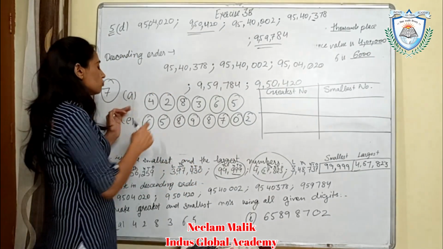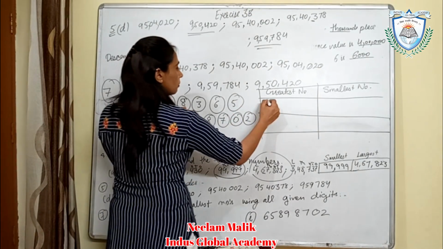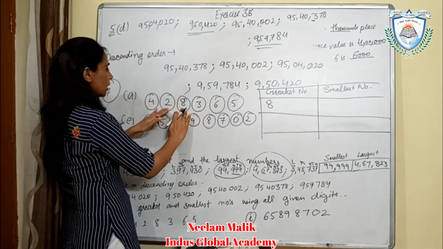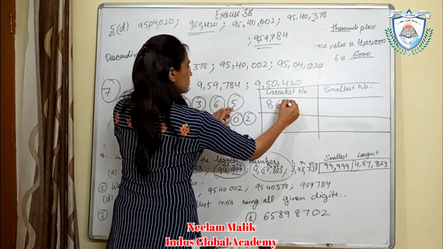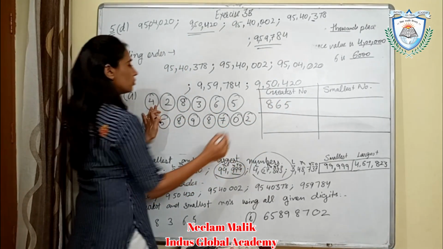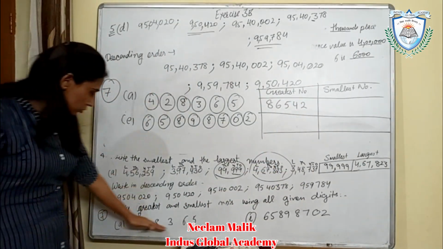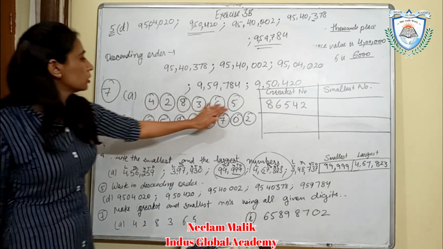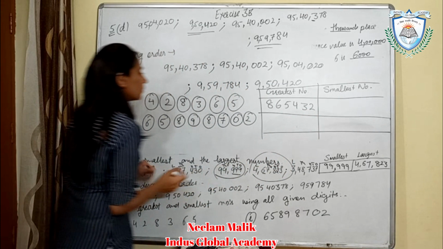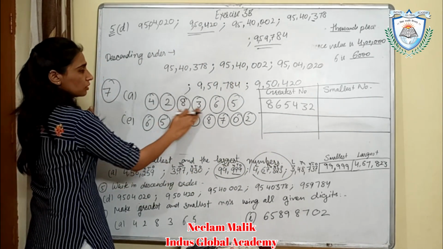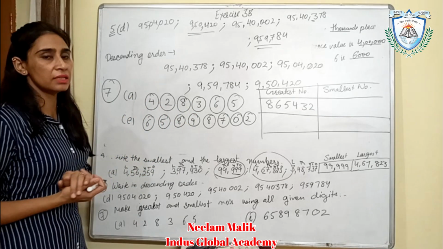So which digit is the greatest? This is the greatest digit, so 8 will be here. Now next is 6, next is 5, next is 4, and after 4 there is 3 also given, then 2. So first I take 8, then 6, then 5, then 4, then 3, then 2. So this is our greatest number.